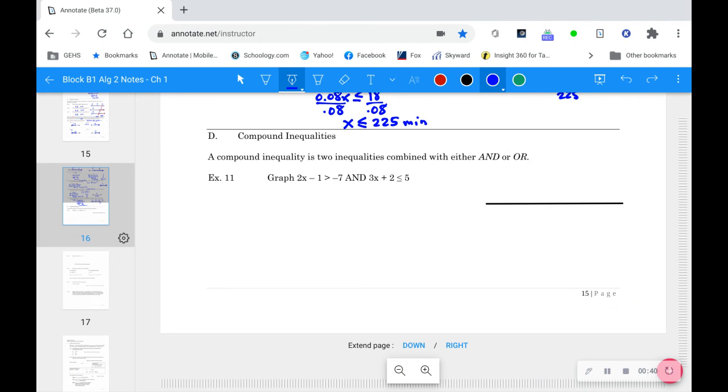Okay, so we're supposed to graph this compound inequality, and the operative word is and. And with an and statement, it has to be true and true to equal true. So if either one of them fails, the whole statement fails. So we're going to start with the left-hand statement, and we're going to add 1 to both sides.